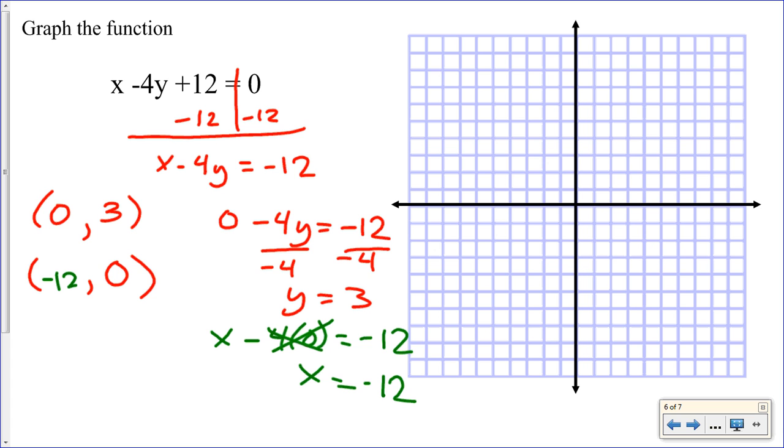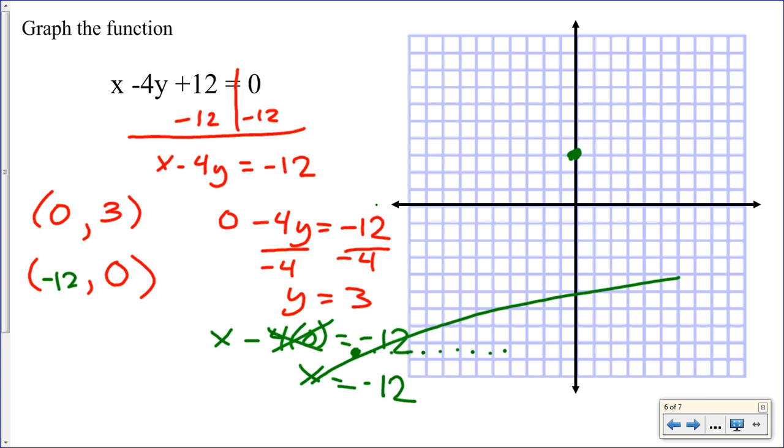Okay, so 0, 3, 1, 2, 3 is right here. And then negative 12, 0, 1, 2, 3, 4, 5, 6, 7, 8, 9, 10, 11, 12. I'm kind of off my graph here, but it's going to be about right there. Oh, that's a kind of curved line. Let me try that again. We don't want curved lines just yet.